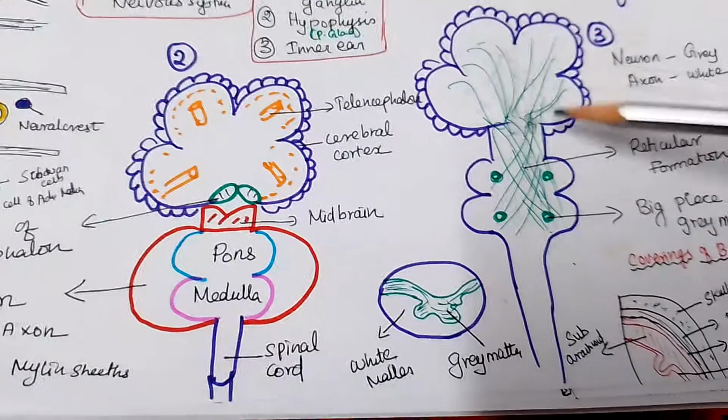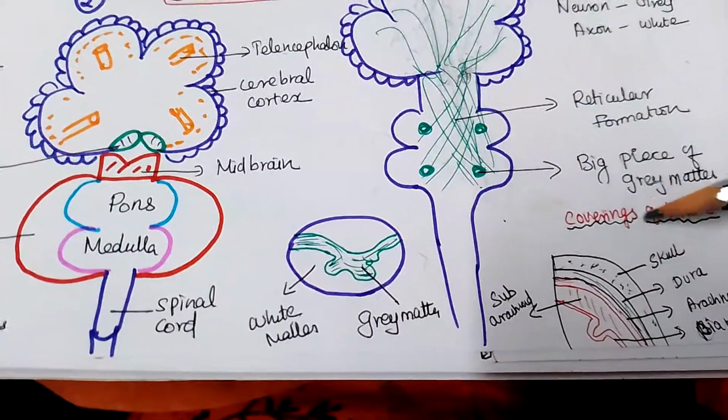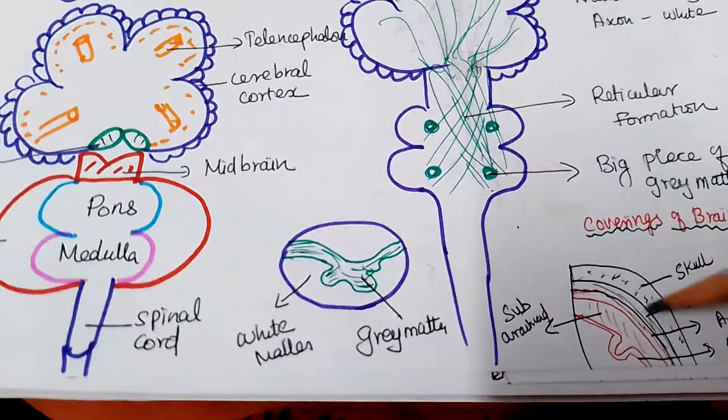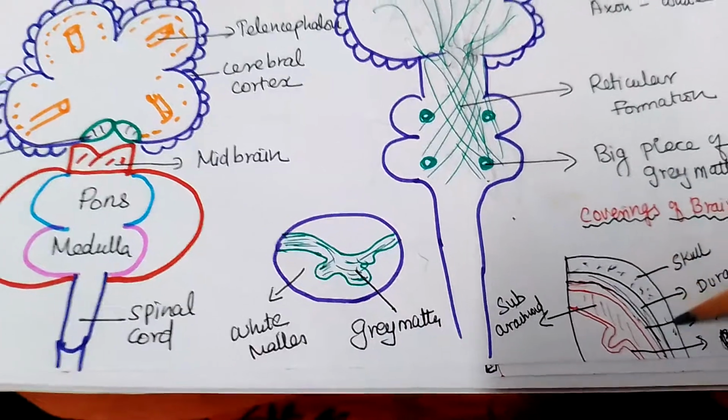And the brain is kept with a covering. It's a protective covering God has created, and that protective covering is called the skull. Understand?